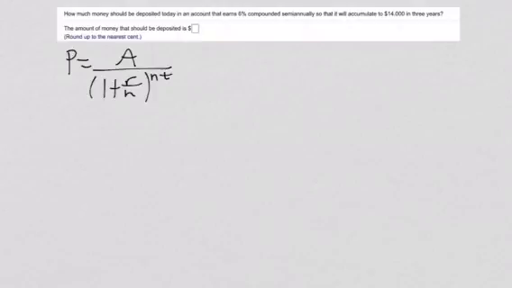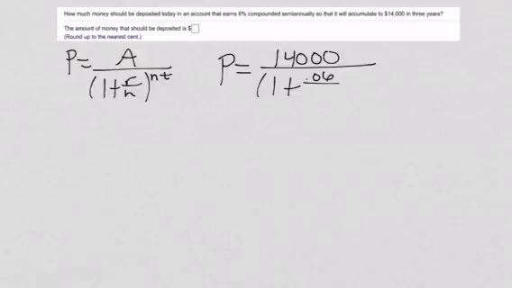So again, we just are going to plug directly in. P equals, we want it to get to 14,000, so that's my A. And then 1 plus my rate, which is 0.06 over n, which we said was 2 because it's semi-annually.